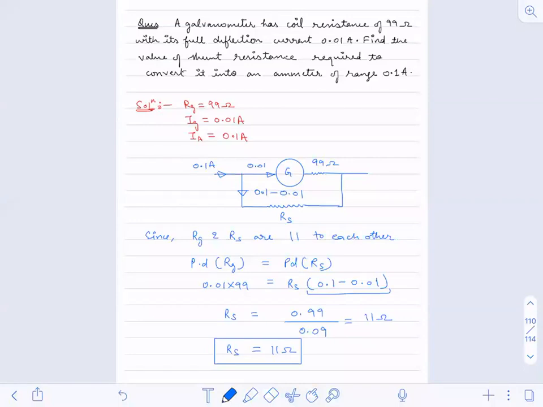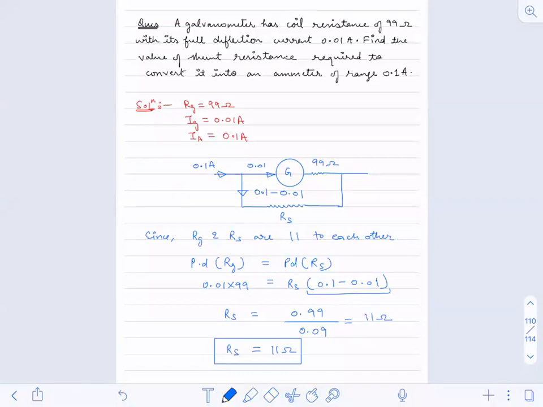Otherwise it won't draw 0.09. So you should not have a shunt greater than 11. It can be less than 11.